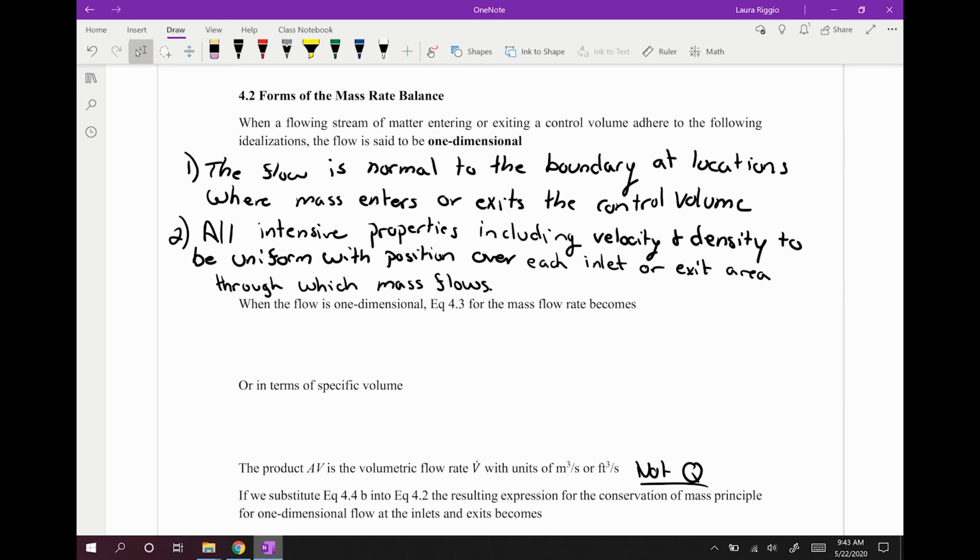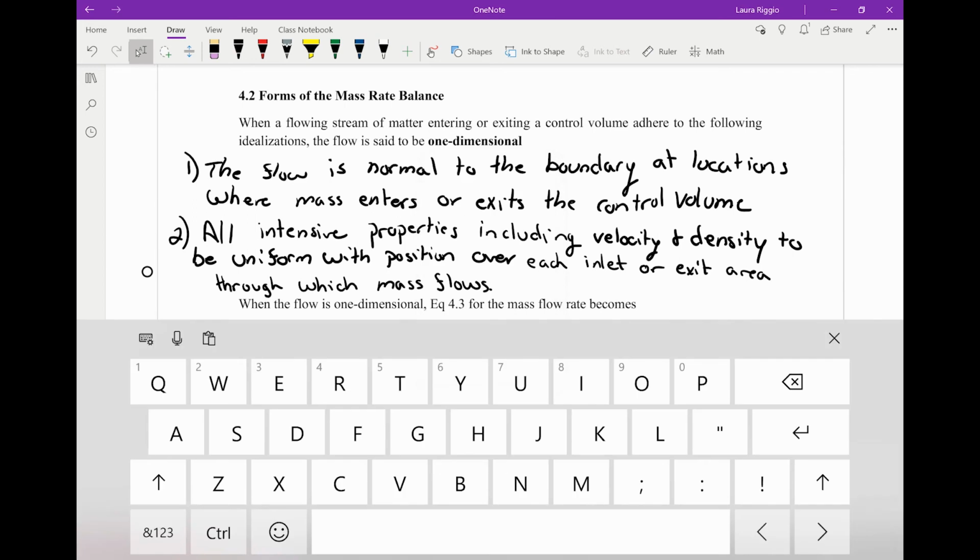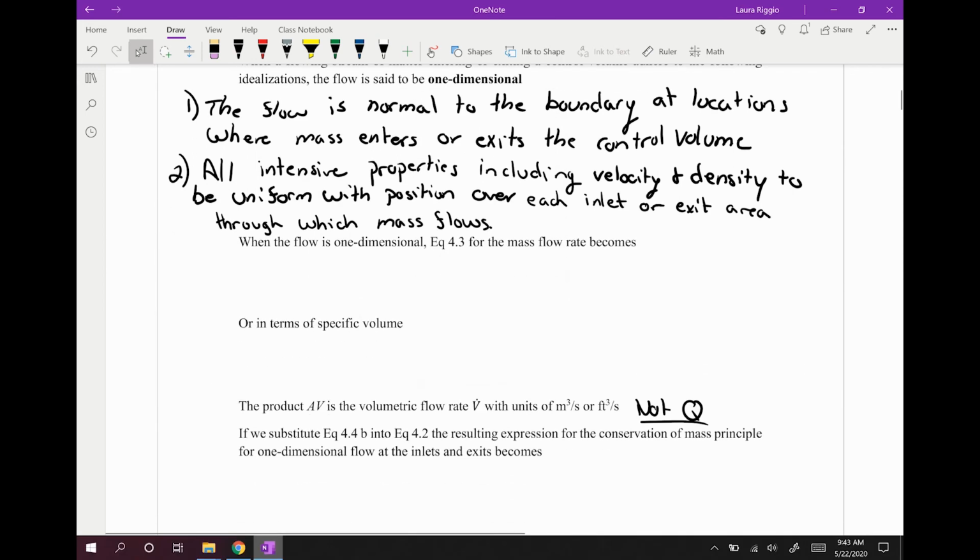All intensive properties, including velocity and density, are uniform with position over each inlet or exit area, so we don't have a non-uniform velocity distribution entering our system. If we follow these two criteria, we assume one-dimensional flow.